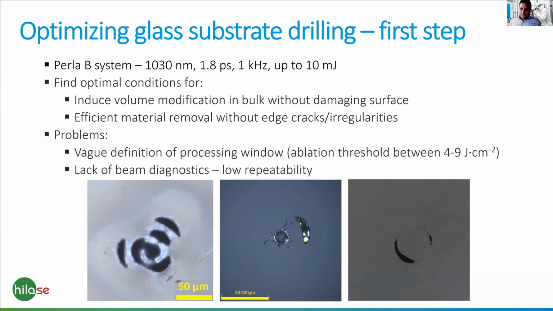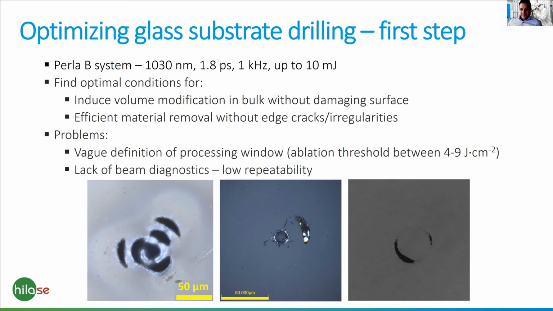The task was to find optimal conditions for volume modification. It was important that damage of the surface is undesirable. However, the energy or fluence has to be sufficient to induce the material modification. And then also to find a way to efficiently remove the material for the laser micromachining without cracks or irregularities on the edges.